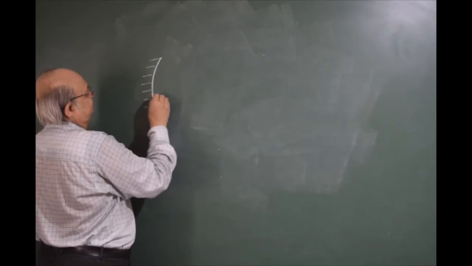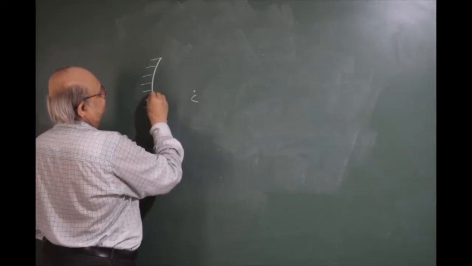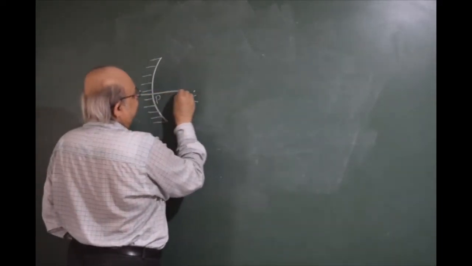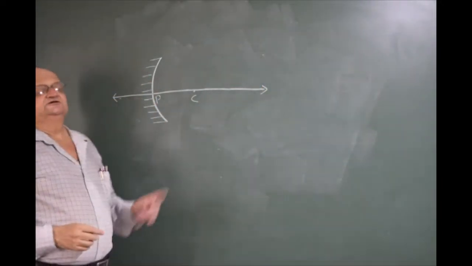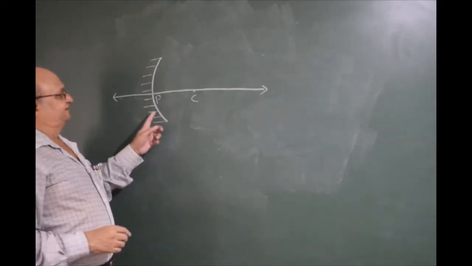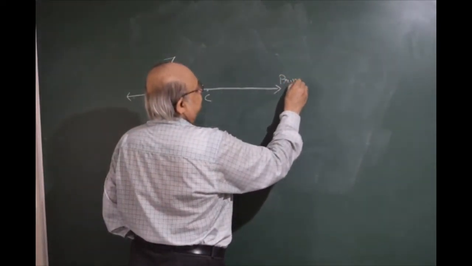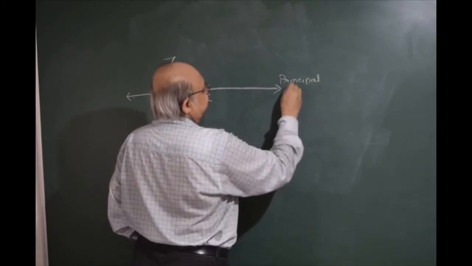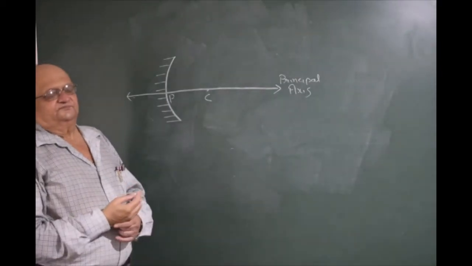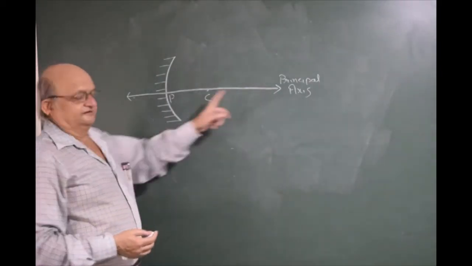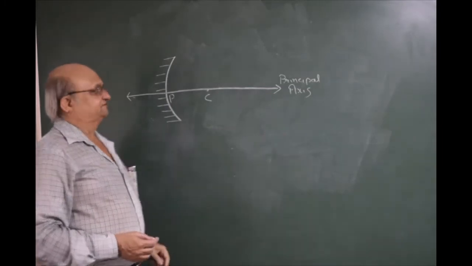We will have the pole somewhere here, the center of curvature somewhere here, and the line, and remember a line has no endpoints, so the imaginary line connecting the pole with the center of curvature is called the principal axis.